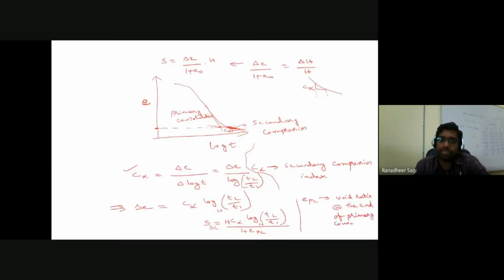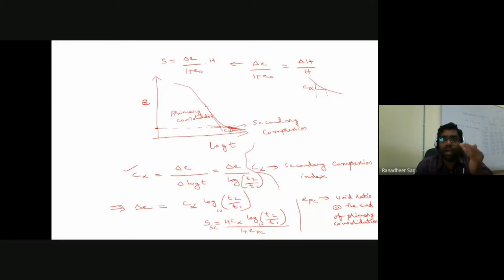Because earlier we used to use the word initial void ratio. So what is this initial void ratio corresponding to the secondary compression curve? The initial void ratio corresponding to the secondary compression portion of the curve is nothing but the void ratio existing in the soil at the end of your primary consolidation. When does your secondary compression get started? At the end of primary consolidation.